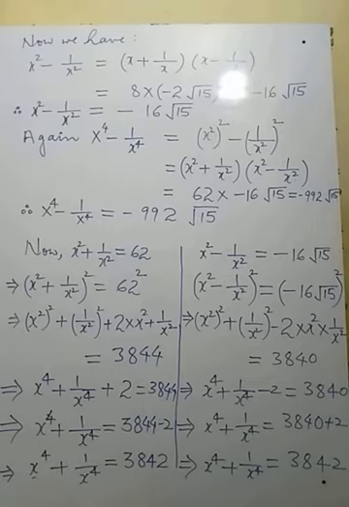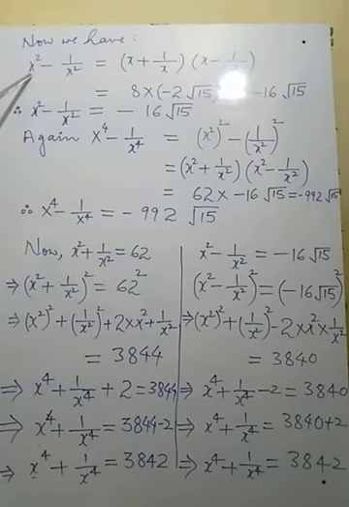Systematically, as the process is adopted previously, by the same process we can solve other parts. Let us see how we can solve them. Firstly, we have to calculate the value of x square minus 1 upon x square.